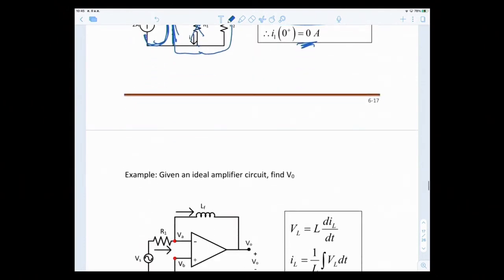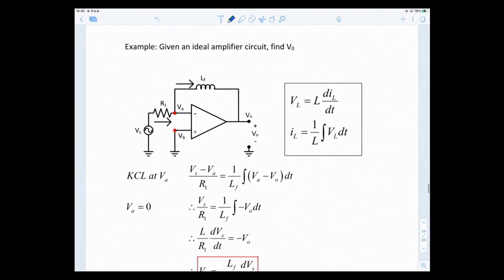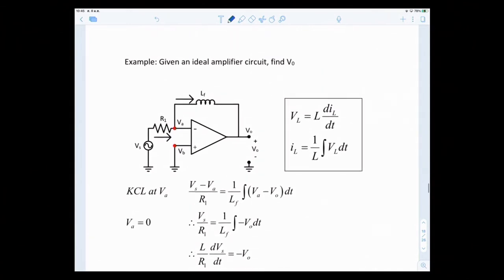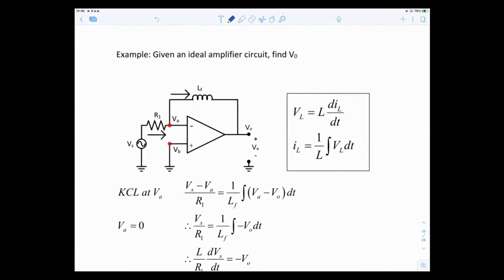Okay, let's look at this one. This one I add an op-amp into it also. Want to find Vout. On the op-amp topics, we had only R resistors connected to it. Now we change this R to an inductor.